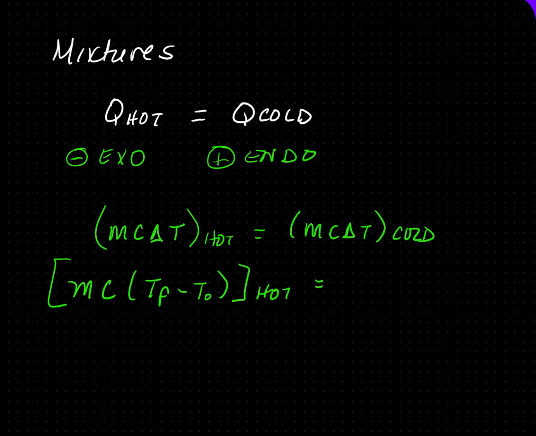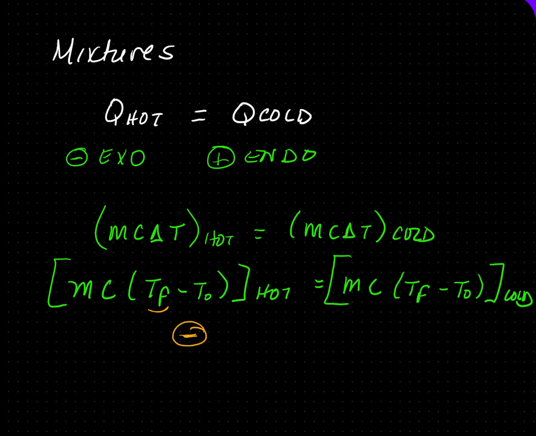My cold is also going to be mc, and I expand the delta T, T final minus T initial, and this is my cold. Since the hot is at a higher temperature initially, we know that the T final is going to be a lower temperature. If the T final is lower than the T initial, when I do the delta T, the value is going to come out negative.